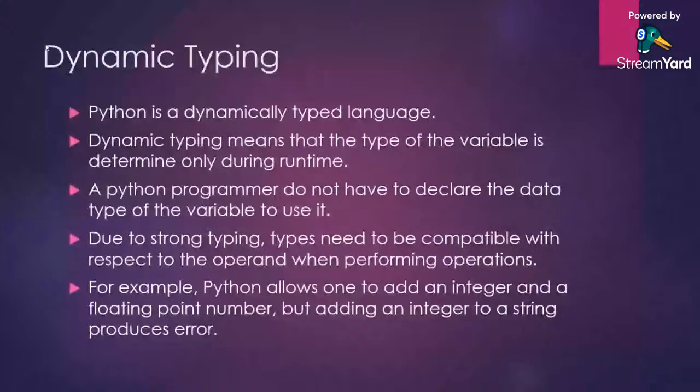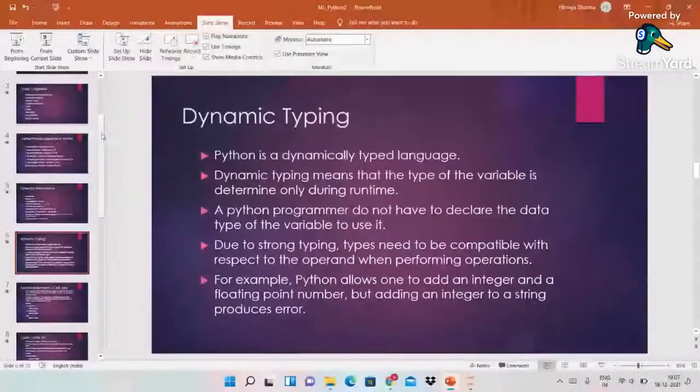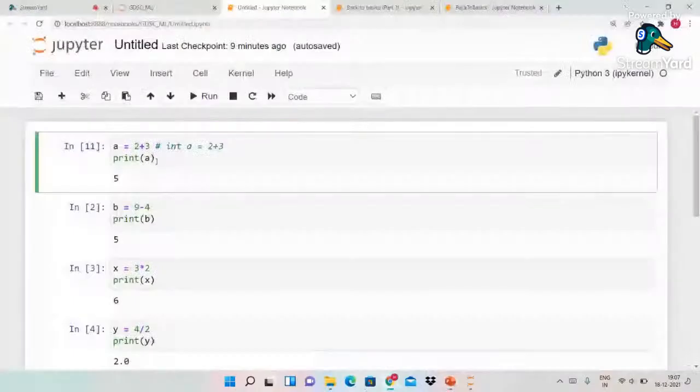But one thing that we have to remember while using this is that due to strong typing, the types need to be compatible with respect to the operand when performing operations. For example, Python allows one to add an integer and a floating point number, but adding an integer to a string produces an error. If I'm trying to add an integer and a floating point number like 3.5, it works.